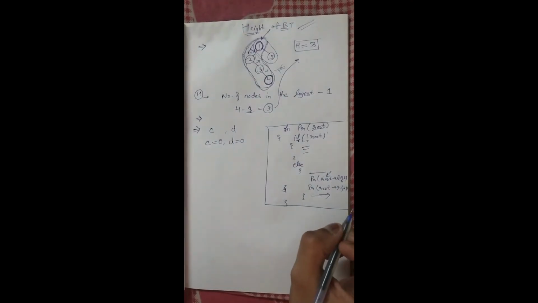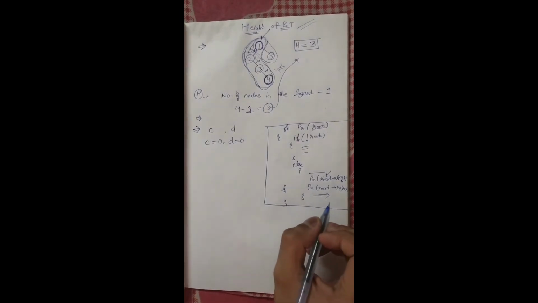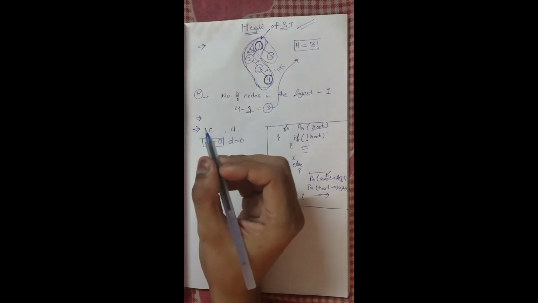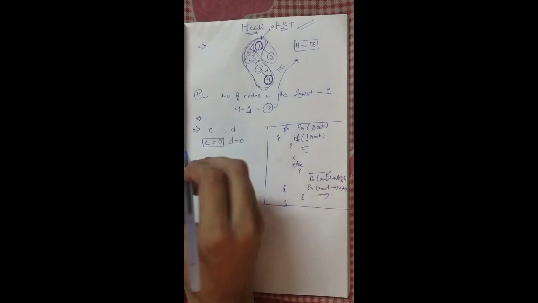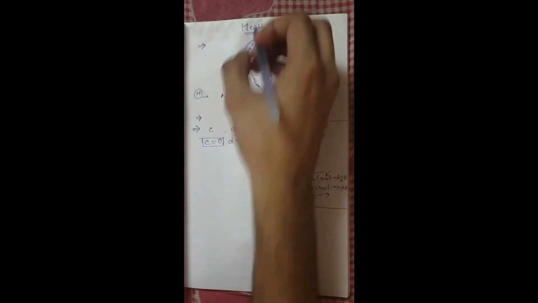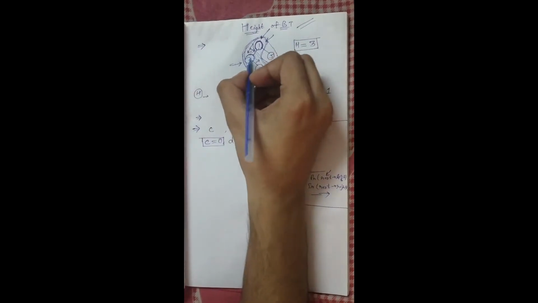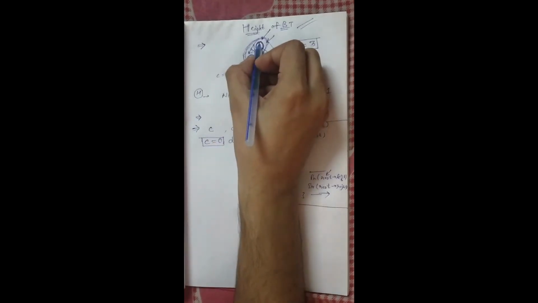So this C would represent the number of nodes from the root till the node which I am working on. Like this is the root node, and if I am on this node, then C would be 2 because there are 2 nodes.